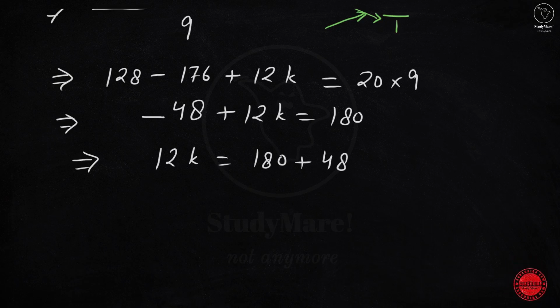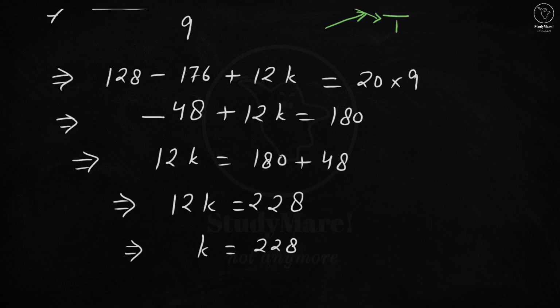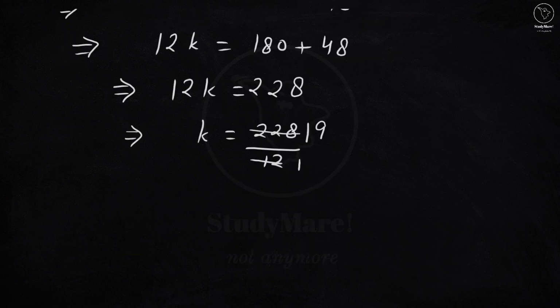In the next step, we get 12k is equal to 180 plus 48 as 228, and further we get k is equal to 228 by 12. Now here 12 cancels out 228. 12 ones are 12, remainder is 10, there is 8, so it becomes 108, and 12 nines are 108. Therefore k is equal to 19.